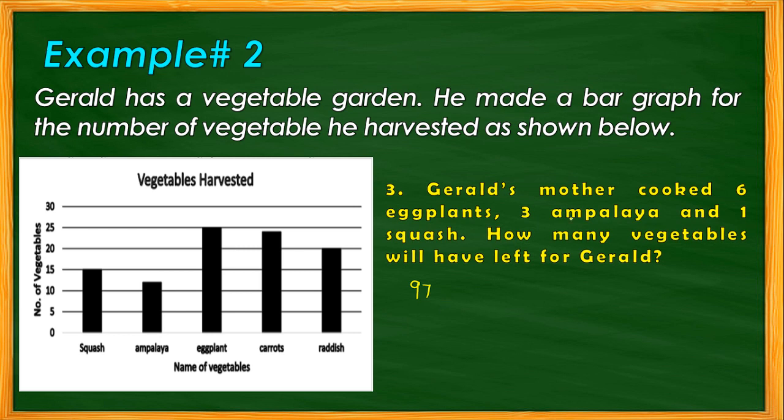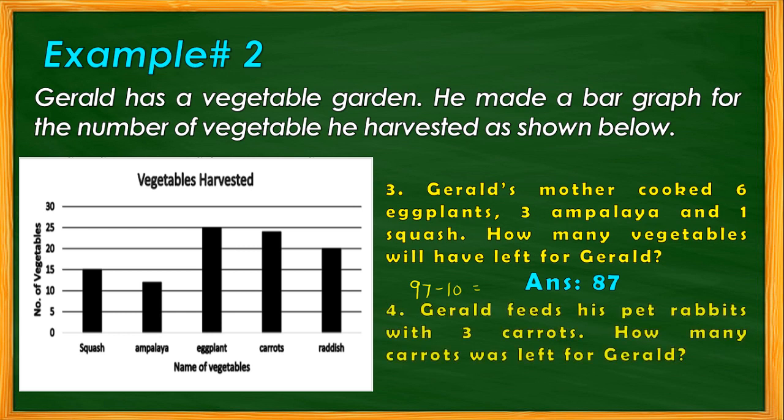If his mother cooked 6 plus 3 plus 1 vegetables, so this would be 10. The vegetables left for Gerald would be 87. So that would be the answer.